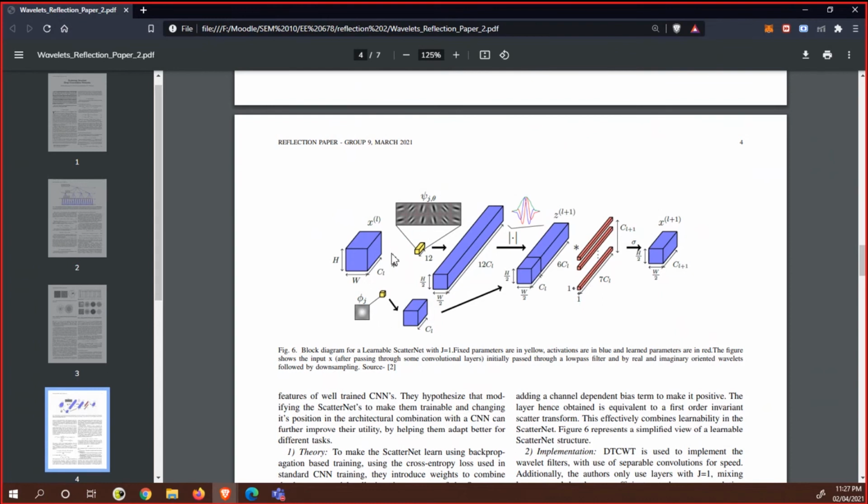It is hypothesized that the initial convolutional layer will help pre-process the image and help the scatternet, which is also fine-tuned, learn in a better way.